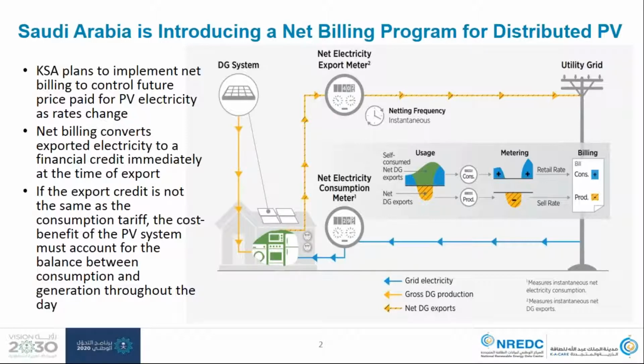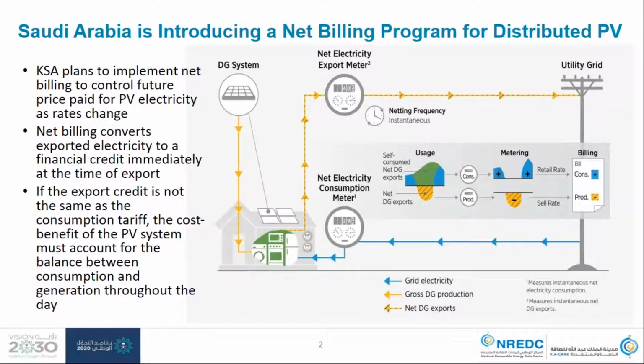So if your consumption exceeds your generation, then your bill is offset at whatever your consumption tariff is. But anytime your system is generating more power than you're consuming, that exported power is metered and turned into a financial credit immediately.